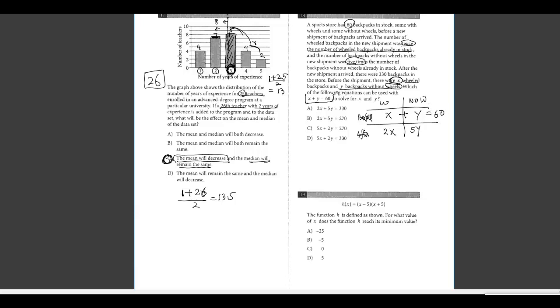They said this already. This is the new shipment. After the new shipment arrived, the total is 330, right? So we have to take out this one. Only the new shipment is 330 minus 60 equals 270, right?